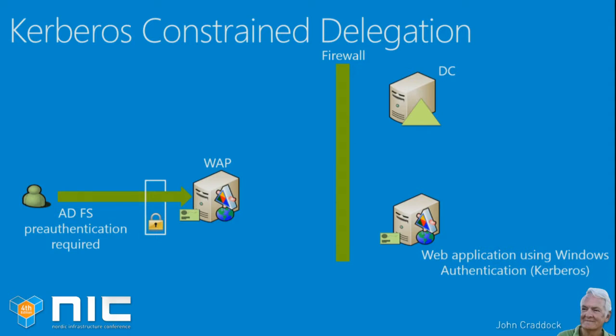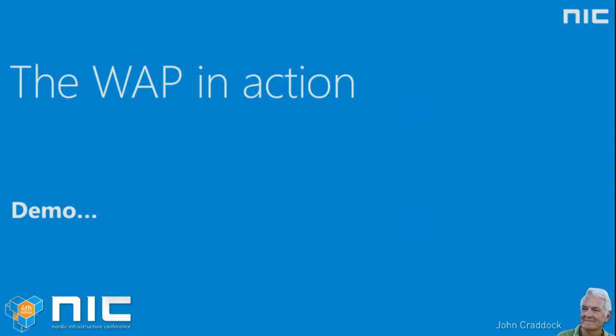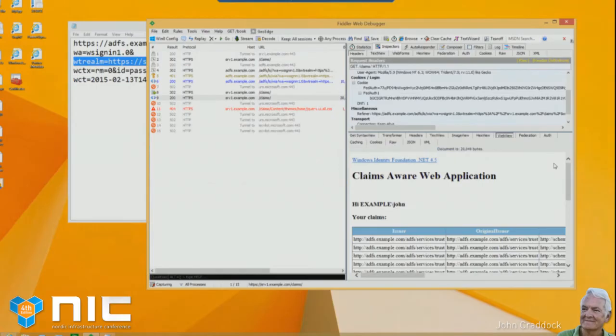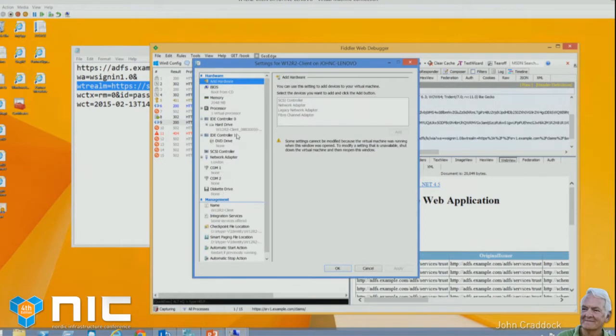I don't want to look at Kerberos constrained delegation here. I want to go and look at the WAP in action, and we won't do the Kerberos constrained because that will take us too long. Just to quickly look at the WAP in action, I'm going to go out onto my internet here, and I just need to change the settings on my client.